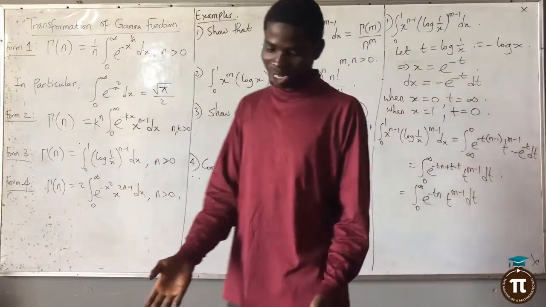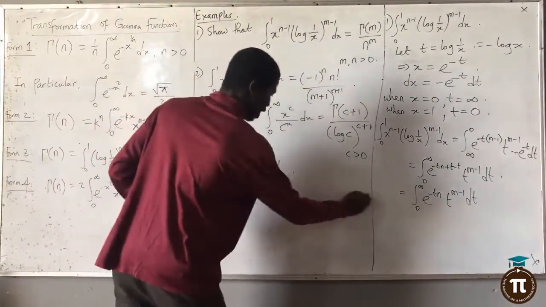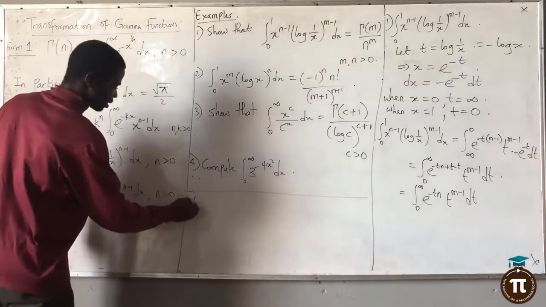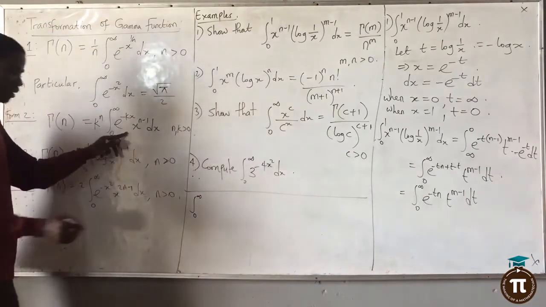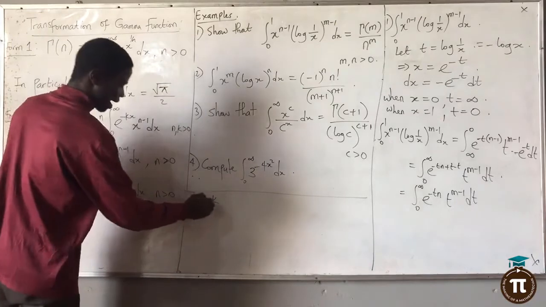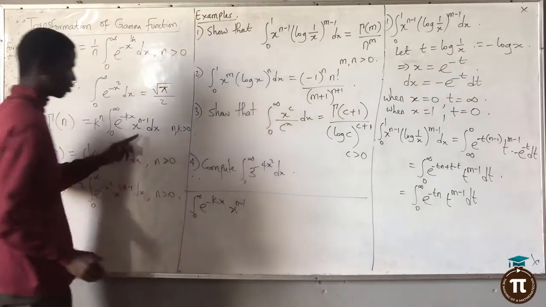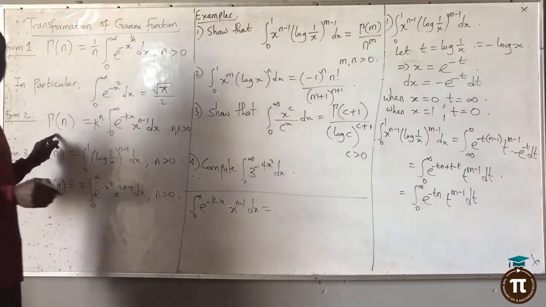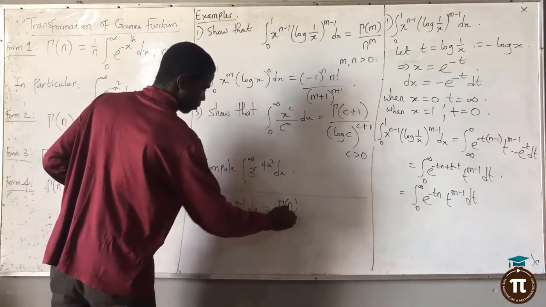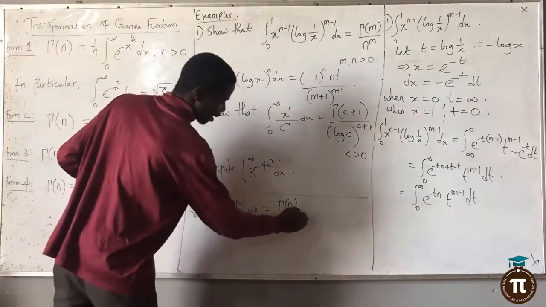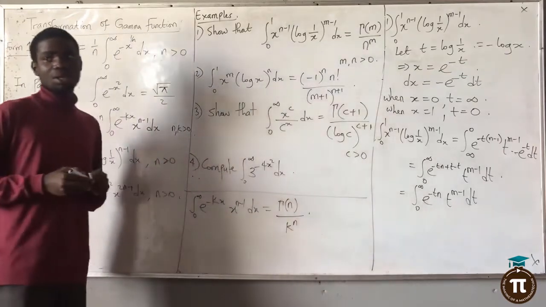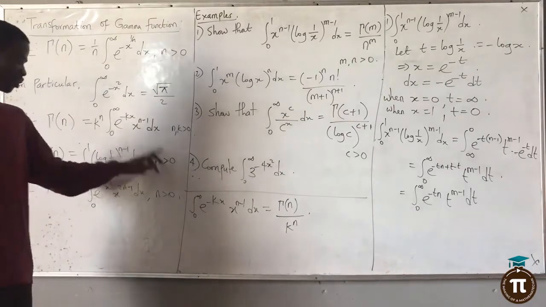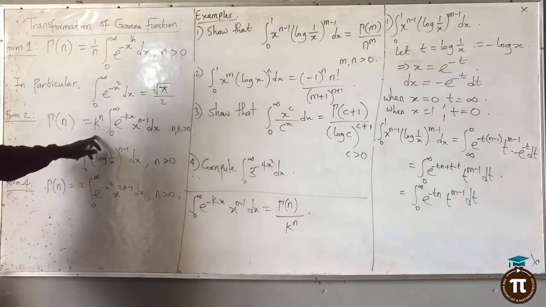And don't forget, I told you before now that I can write integral from 0 to infinity of e raised to the power of negative ks, s raised to the power of n minus 1 ds, to be equal to gamma of n all over k raised to the power of n.